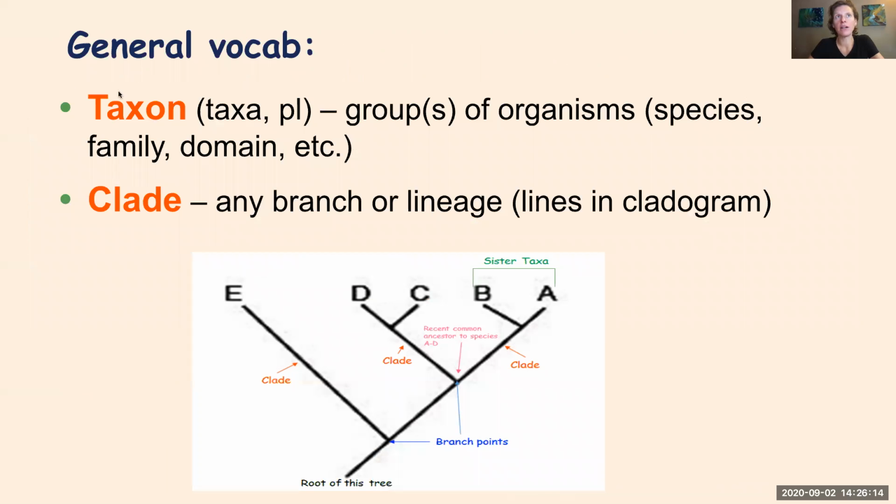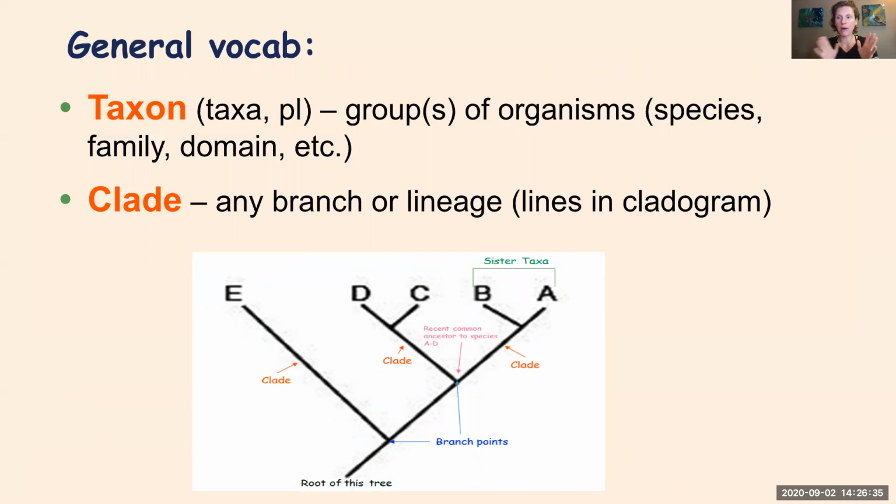General vocabulary. Taxon is a nice word if you don't know whether you're talking about genus or family or class or phylum. You just say taxa, and that means we're talking about a group, in general.